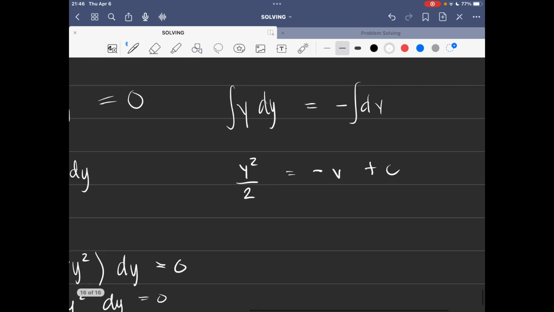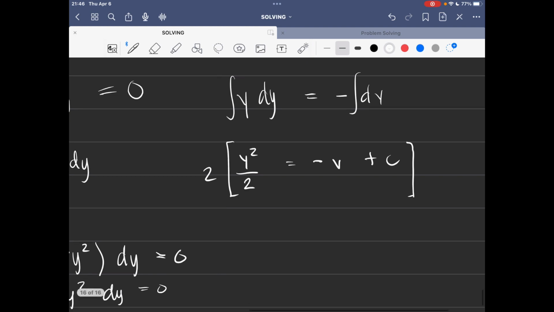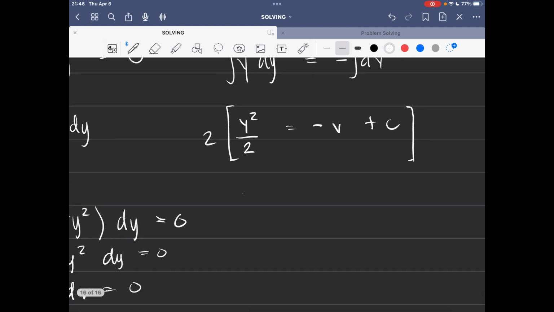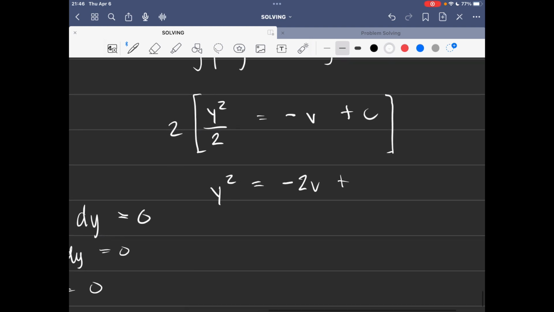So we are going to multiply by 2 to get rid of the denominator. So cancel 2, we are left with y squared is equal to 2 times negative v, which is negative 2v, and 2 times c, the arbitrary constant, is still c.